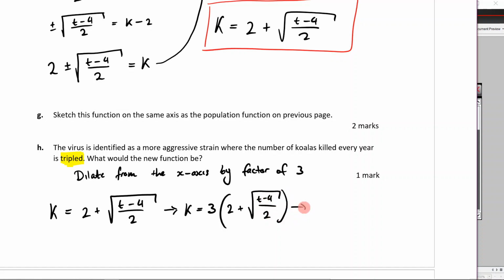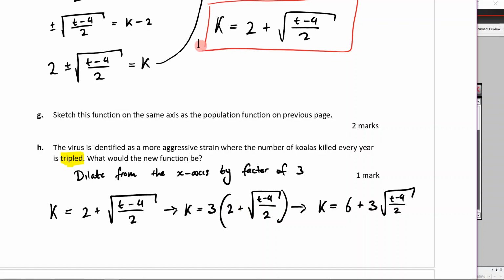So that means my final answer is going to be k is equal to 6 plus 3 times the square root of (t minus 4) over 2. So it's important here that you realize that this 3 is multiplied by the whole thing. So you just got to remember the brackets.